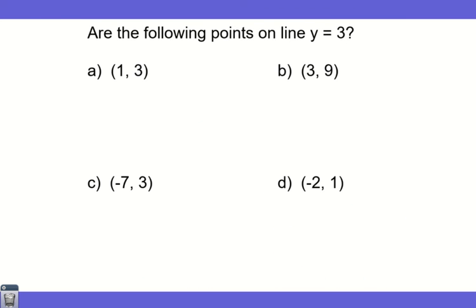One more example, I think. How about the following points on y equals 3? Well, I know this might be weird, but this is actually really easy. There is no x to plug 1 into, but you could plug in 3 for y, and it's basically asking, is the y coordinate 3?